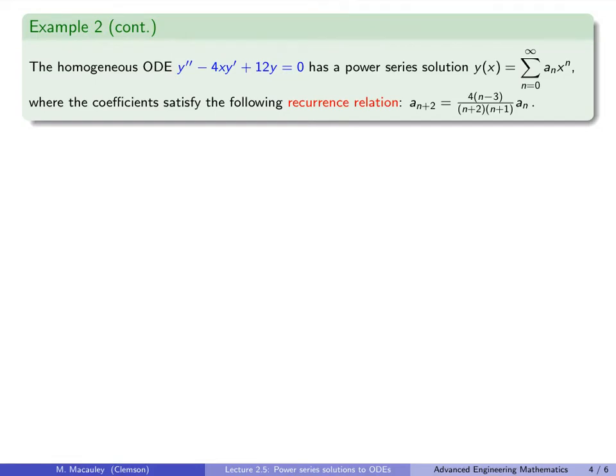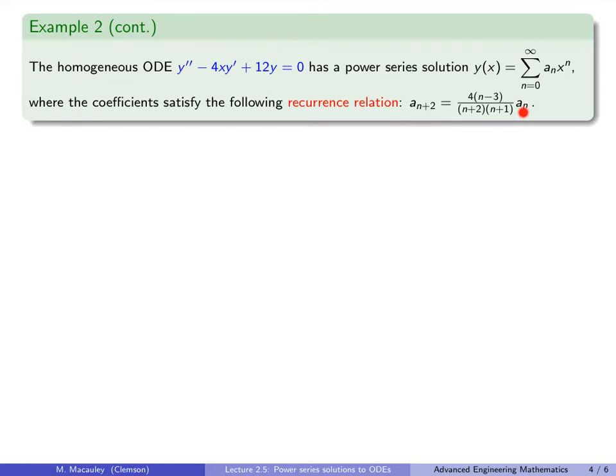So we can't combine terms, so we have to shift the indices of this first term, and when we do that, we get an x^n in every term, and we combine coefficients and set that equal to 0 because the right-hand side is the 0 function. So we get this equation involving a_(n+2) and a_n, and we can solve for a_(n+2) in terms of a_n. That's called a recurrence relation. So this gives us a formula for a_(n+2) in terms of a_n.